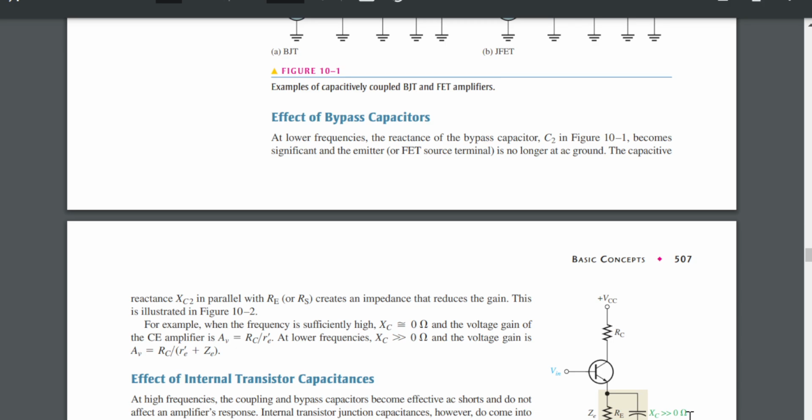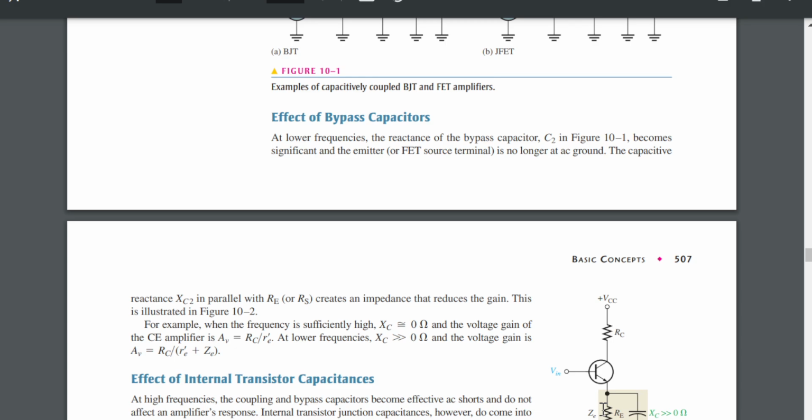So what is the voltage gain? You already know that in every amplifier there is a PN junction, so there must be some internal resistance in the amplifier.